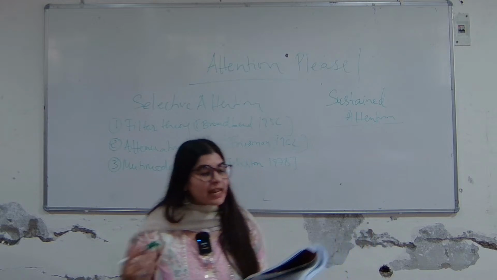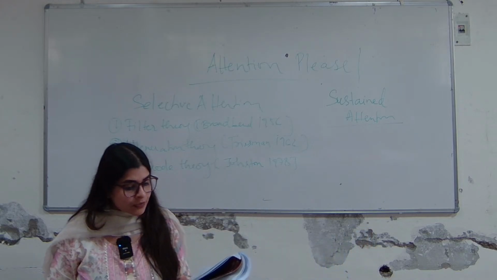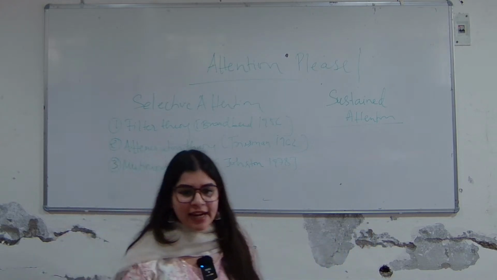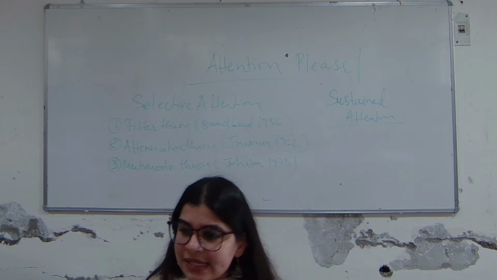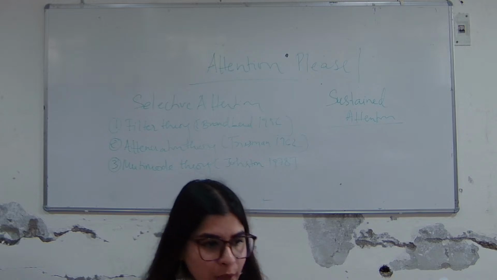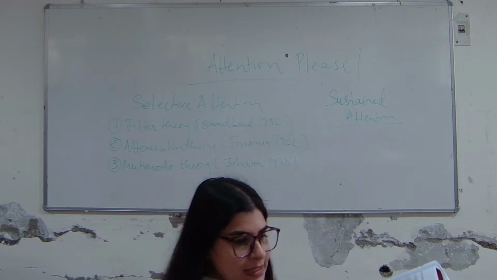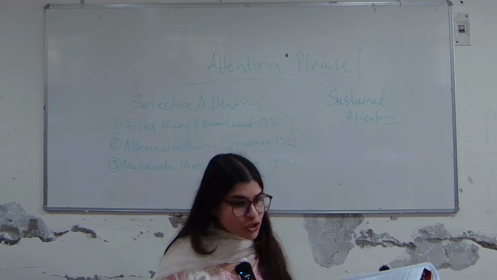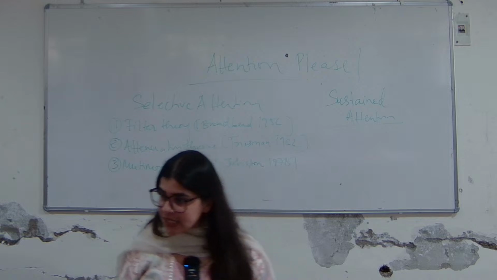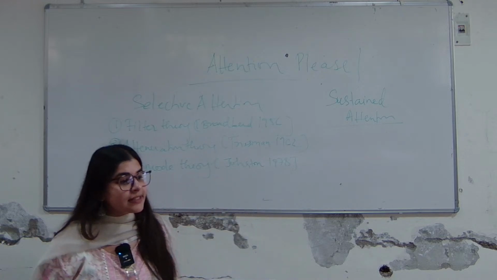Second is clarity of stimuli. If you are understanding clearly what I am talking about, you are able to sustain your attention. If at one point you feel that you didn't understand, then you will not be able to process further. Does this happen in the classes? That's called clarity of stimuli.